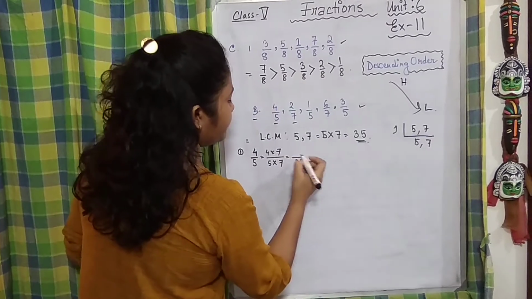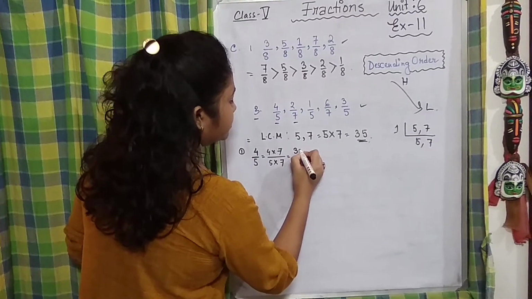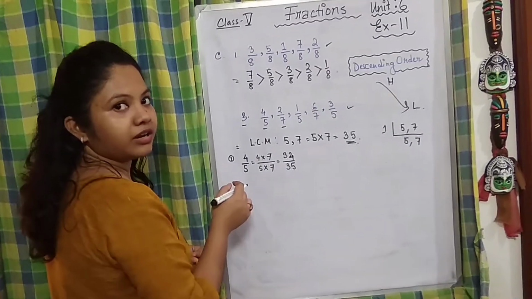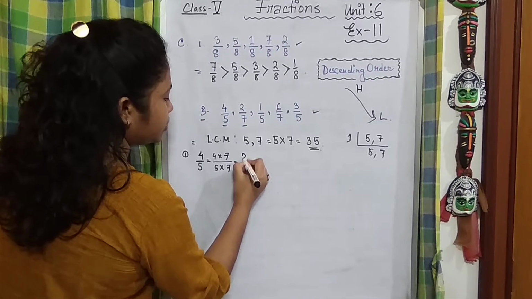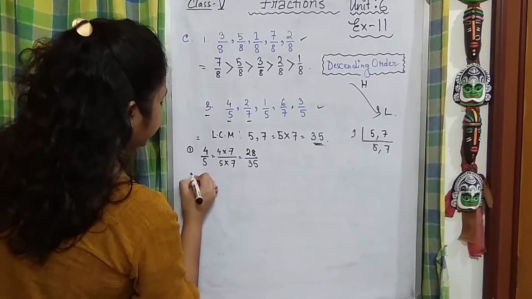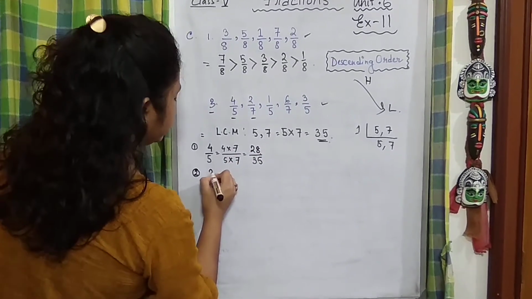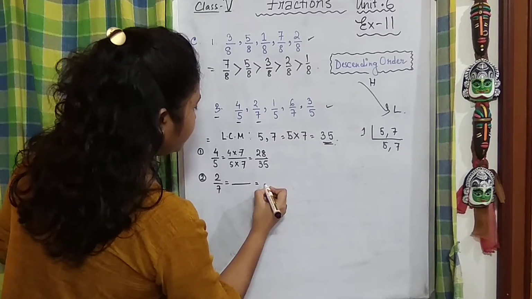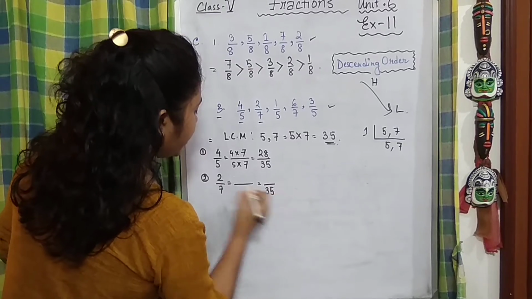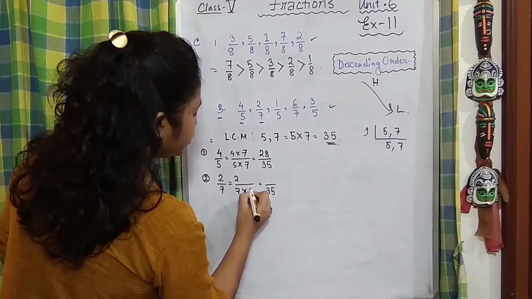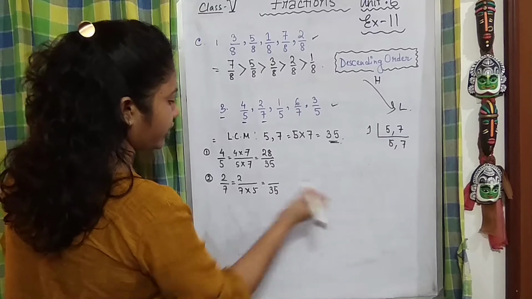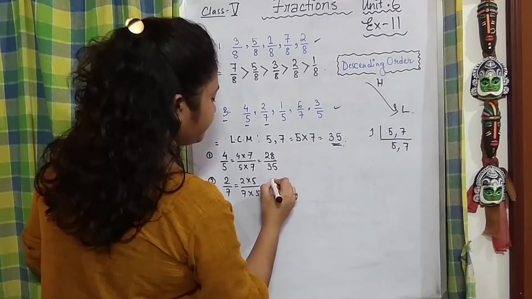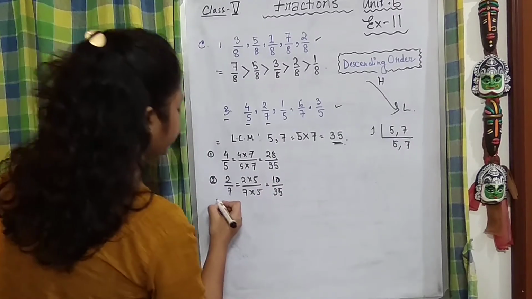So 7 4s are 28. After that, the next one is 2 by 7, where we have to follow the similar rule, where 7 has to be multiplied with 5 to get 35. So 2 will also be multiplied with 5 to get 10 by 35.